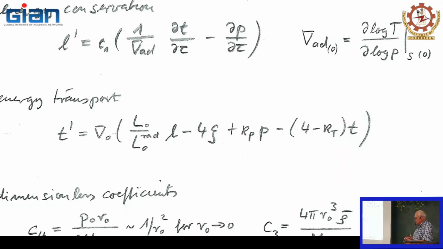So this is determined with reference to the actual stratification of our model, times, in case we have transport by convection and take it into account according to the frozen-in approximation, the ratio of luminosity to radiative luminosity in the convection zone times the relative perturbation of the luminosity minus 4 times the relative Lagrangian displacement, and these two terms involving the derivatives of the opacity with respect to pressure and temperature.